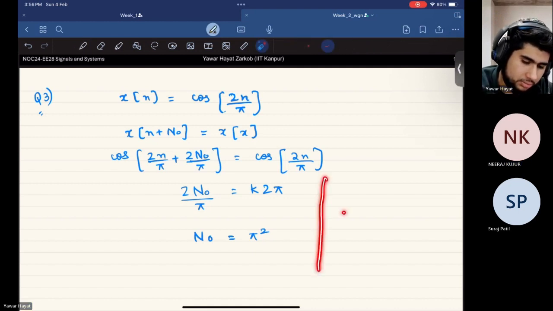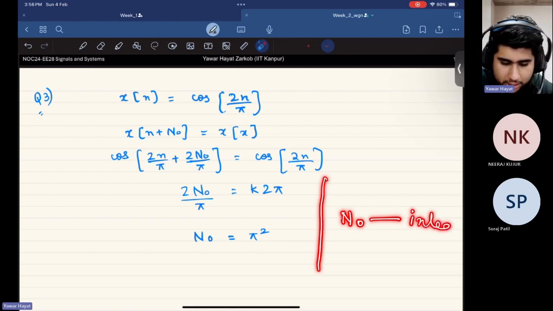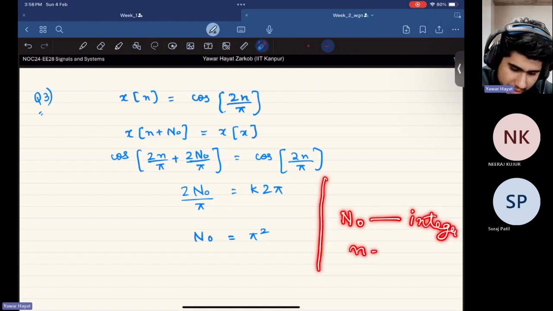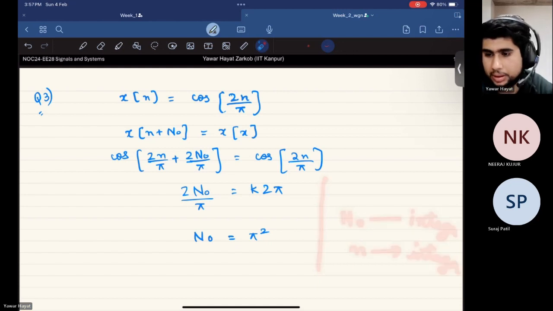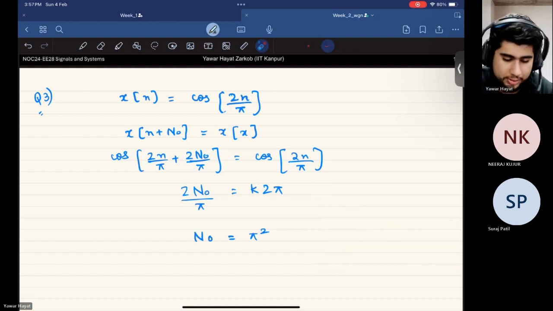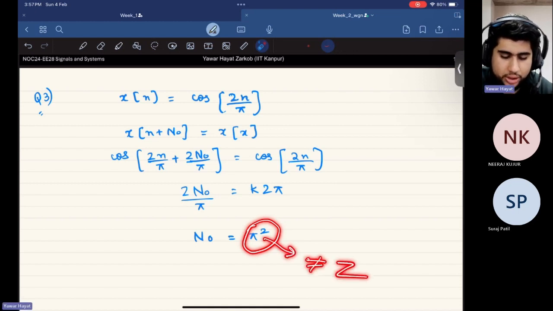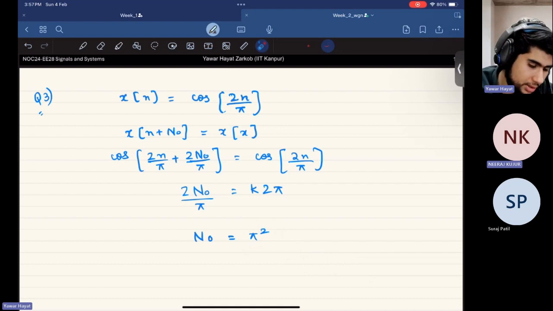We had a discussion before that this n naught has to be an integer, and in fact this n has to be an integer. This pi square is not an integer, right?